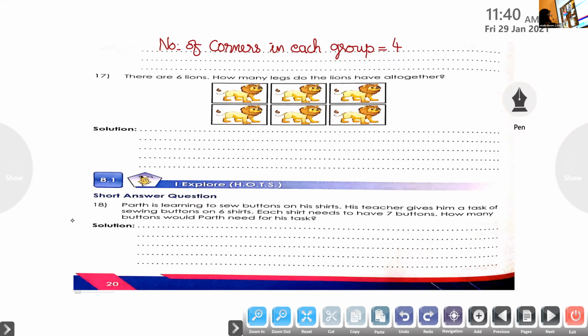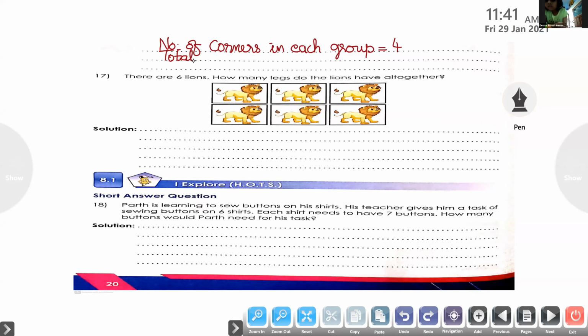Total number of what? Total number of groups?